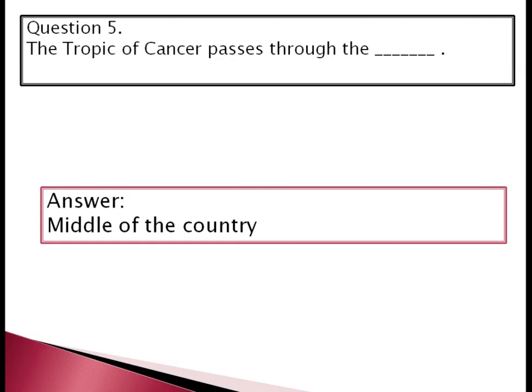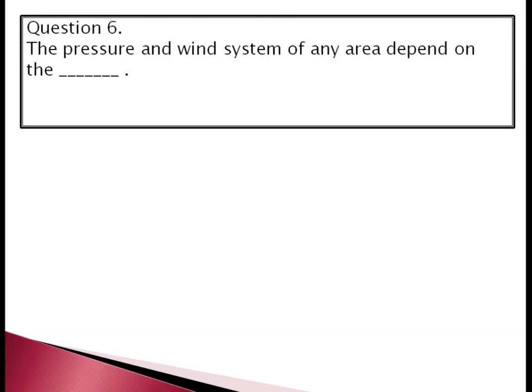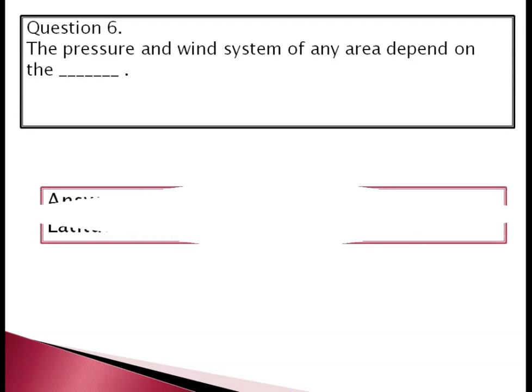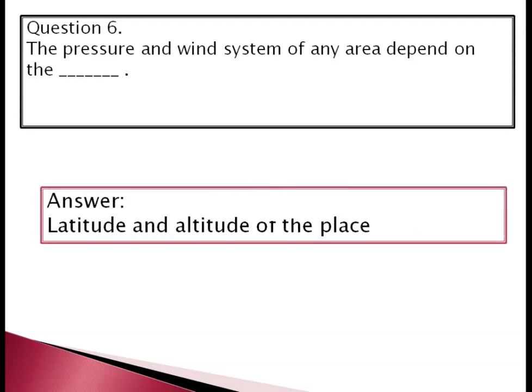Next question. Question number 6. The pressure and the wind system of any area depend on the dash. Let's check out the answer. The pressure and the wind system of an area depend on the latitude and altitude of the place.